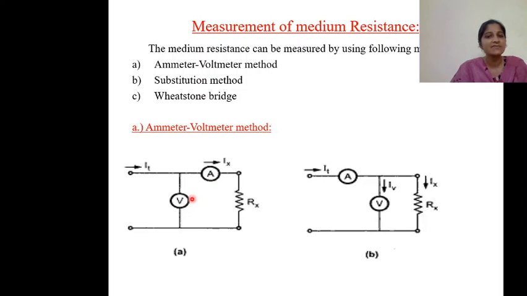The voltage divided by the current will give you the unknown resistance. The third one is the Wheatstone bridge method, which we have already studied. The remaining method is the substitution method, which I will explain now.